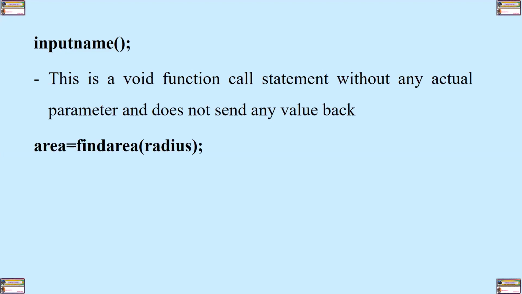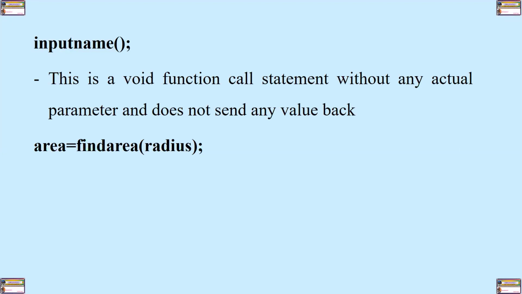The next call statement to invoke the function that we're going to talk about, called find area, is this one here. Now look at this statement. What does this statement mean? This call statement is invoking a function called find area and passing to that function one parameter called radius, meaning that already in the main function, we have a memory location that has been set aside and it is holding a value.